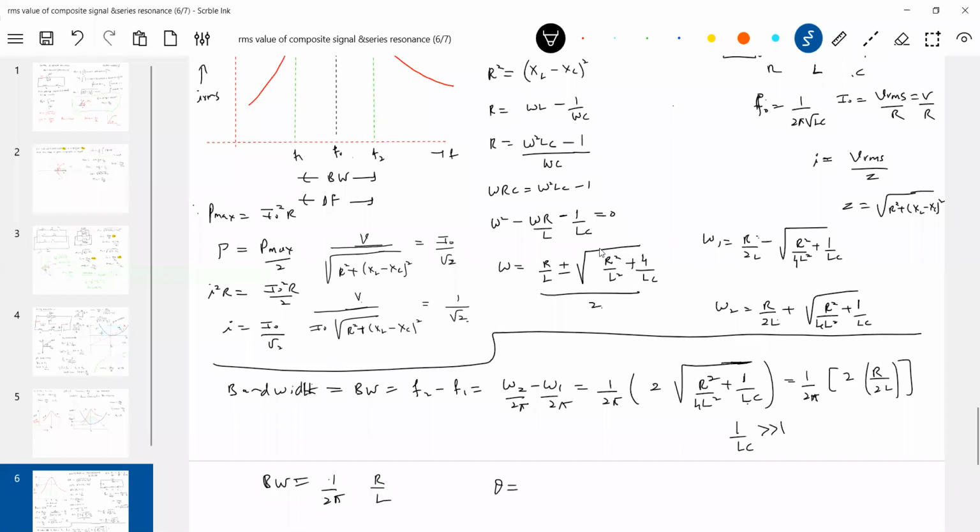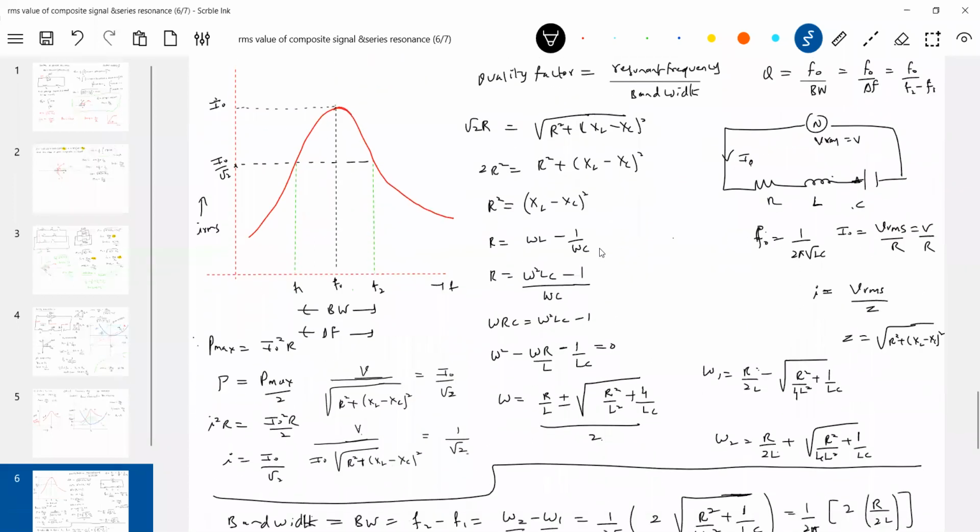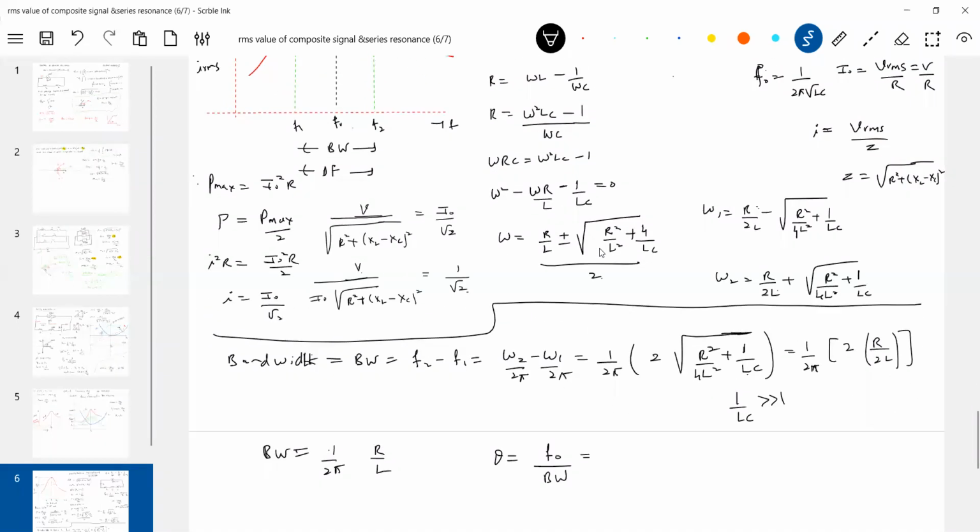Let's go for quality factor. Quality factor we define as F naught by bandwidth. What is F naught? I'll substitute as it is.